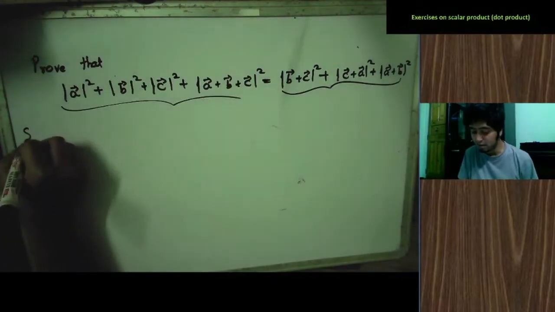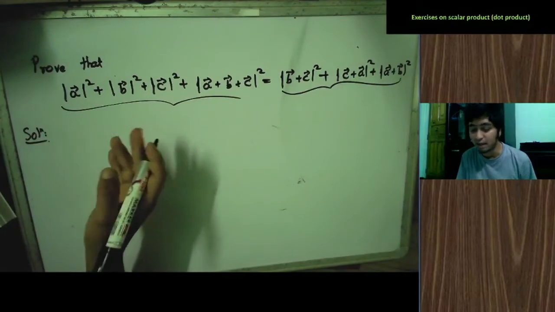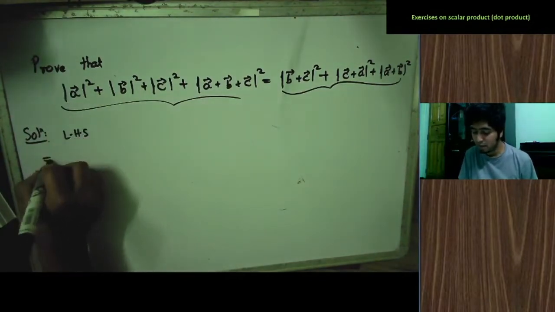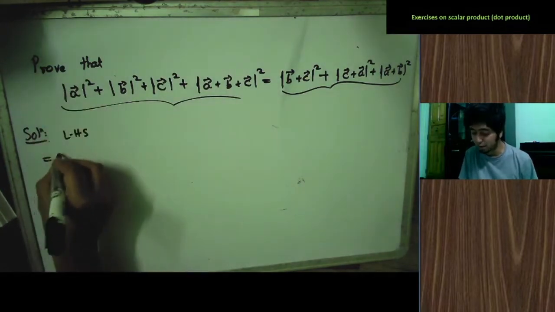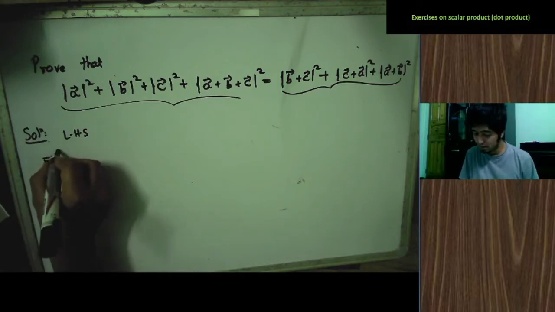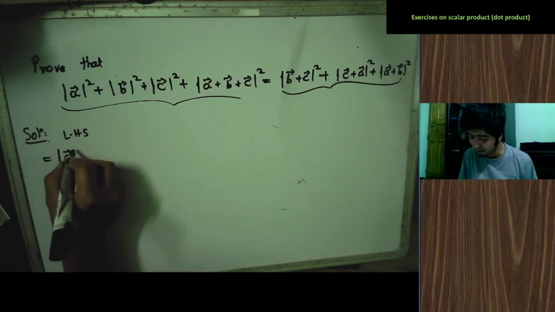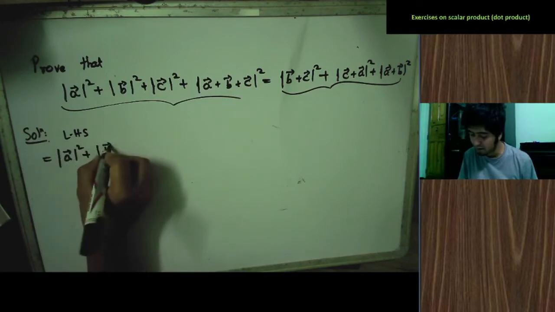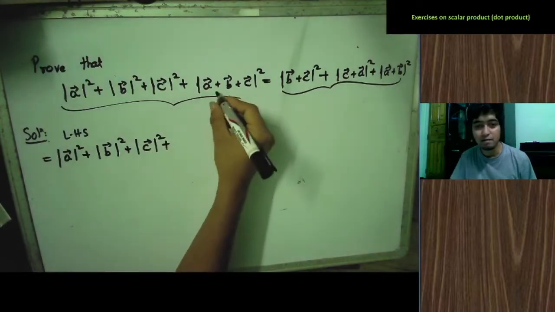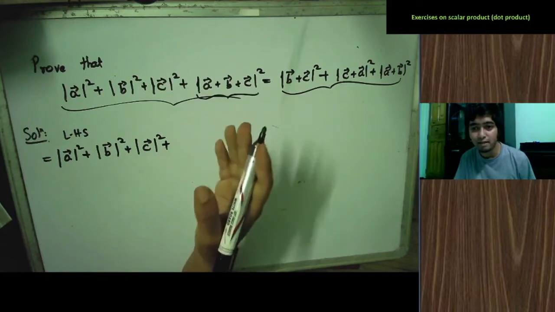Solution. Let us start with the left hand side first. The left hand side, magnitude a bar square, let us leave it as it is. But this one looks very complicated, but always remember, because it is a square, we can turn it into a dot product.